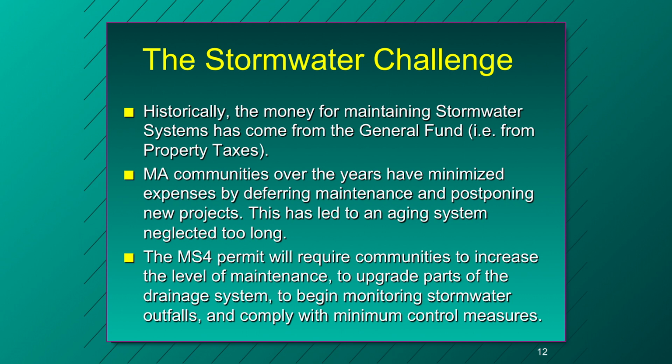The challenge that we have in Massachusetts is the money for maintaining stormwater systems, like other systems, water, sewer, typically came from the general fund, and most Massachusetts communities over the years have minimized expenses by deferring maintenance and postponing new projects. This has led to an aging system neglected too long.